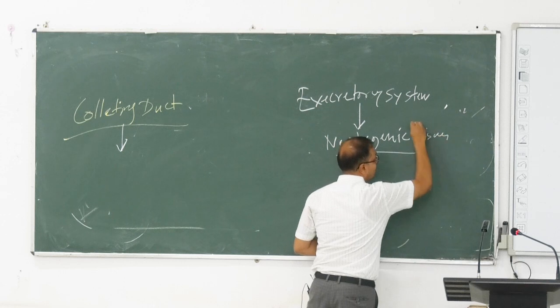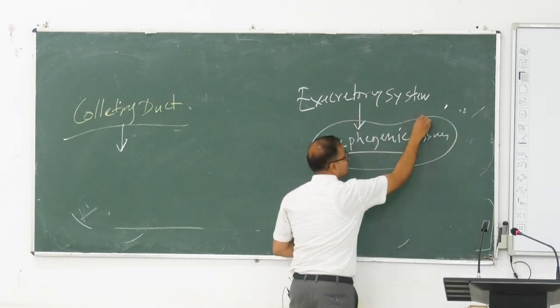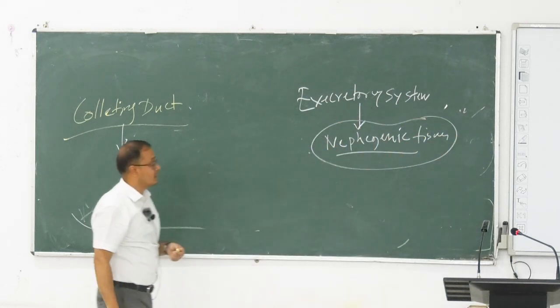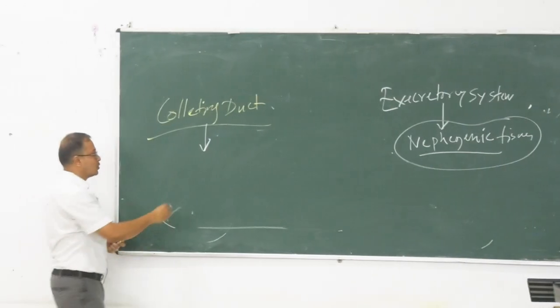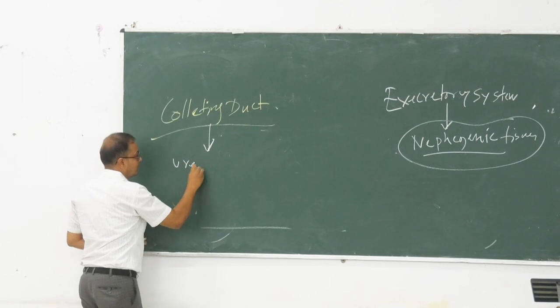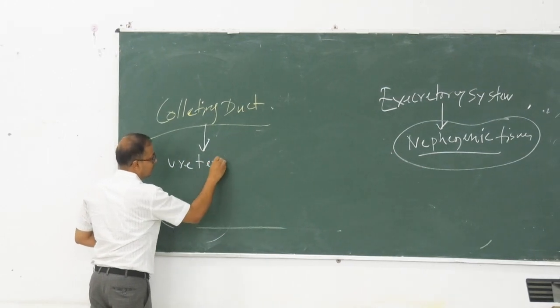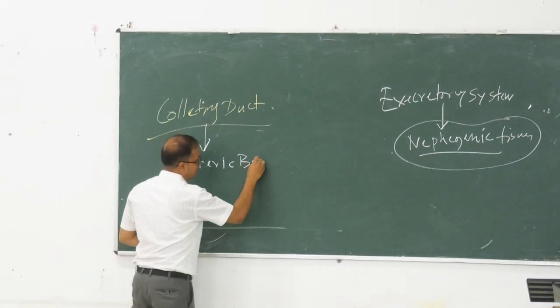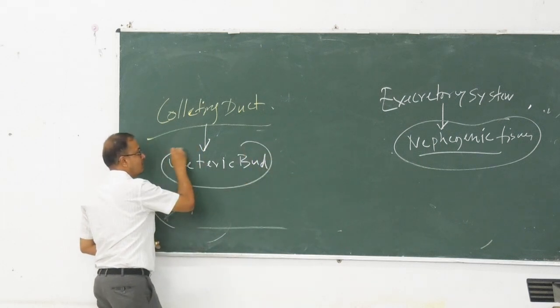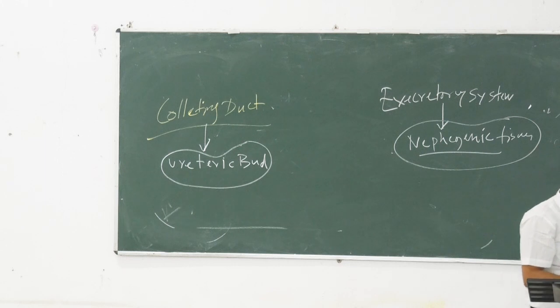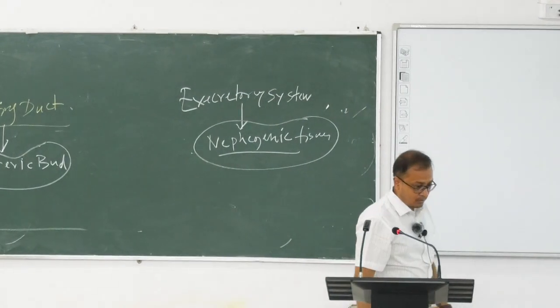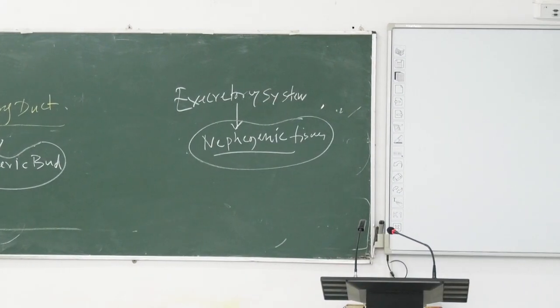That means it develops from the mesodermal element, coming from the paraxial mesoderm. The collecting system develops from a source we call the ureteric bud. So we have these two things coming from two different sources, and this is what we have to understand about the development of this kidney.